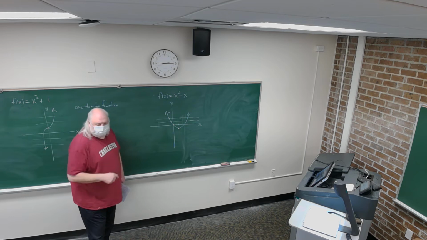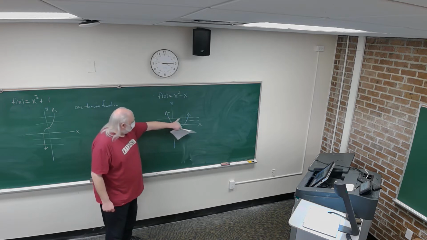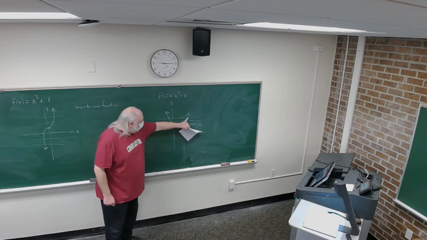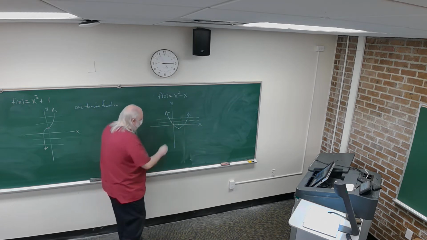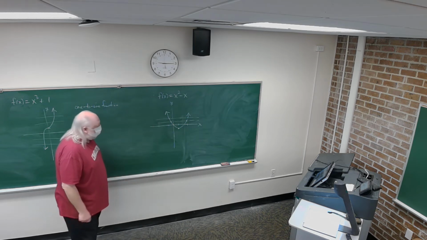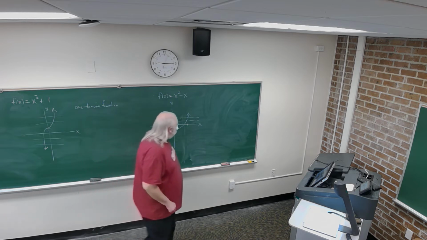Excuse me, for each output, there are two inputs, okay? So for this value of y right here, we have two values of x. For this one output, we have two inputs, two values of x. For each output, there are two inputs, okay? There should only be one input.